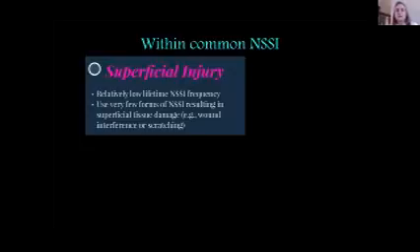So superficial are people that have relatively low lifetime self-injury frequency, and they use really few forms of self-injury, resulting in pretty superficial tissue damage, like wound interference or scratching. So the big question here is, what's the worst possible case scenario with this kind of form of self-injury?